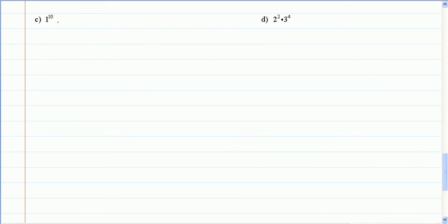For part C, 1 to the 10th means to multiply 1 by itself 10 times. So I have to write out 10 ones. So I take 2 at a time, 1 times 1 is 1, so each of these pairs of 1 times 1 is 1.